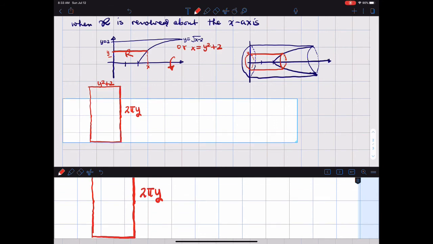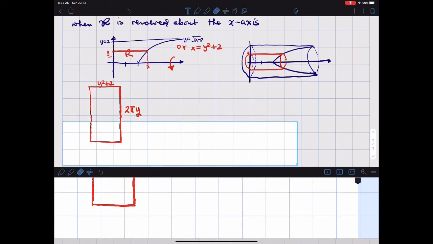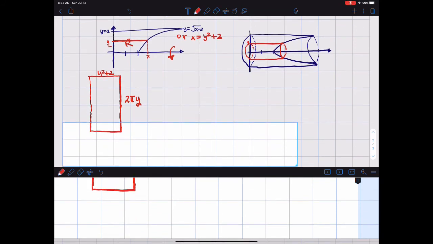So the area of this little shell, let me write it outside, is 2 pi y times y squared plus 2.